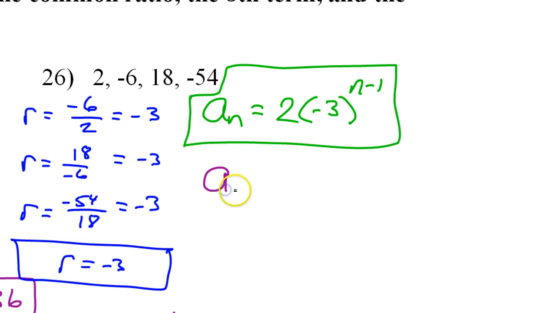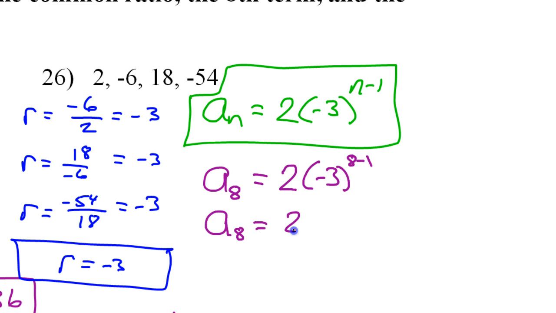The 8th term is going to be a_8, so that's 2 times -3 to the 8 minus 1 power. In other words, 2 times -3 to the 7th power. This negative is not going to go anywhere because it's the odd power. So it's going to be -2 times whatever else.